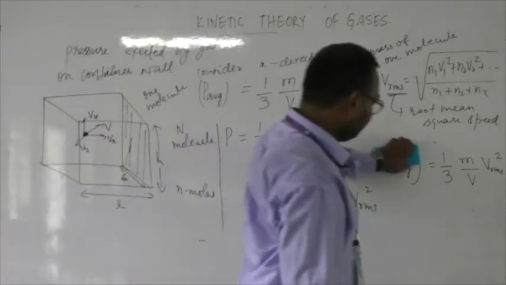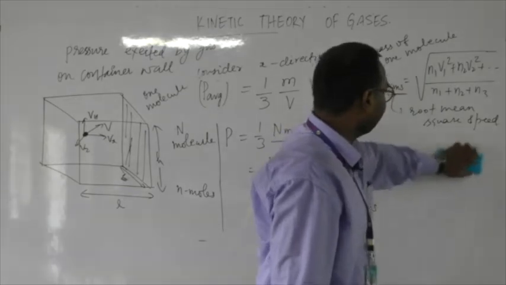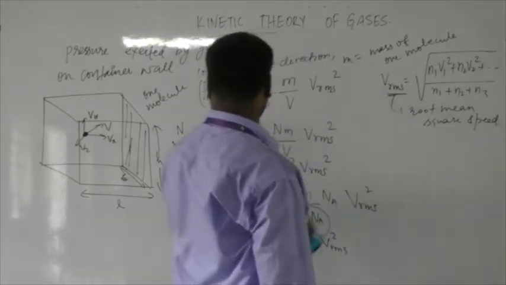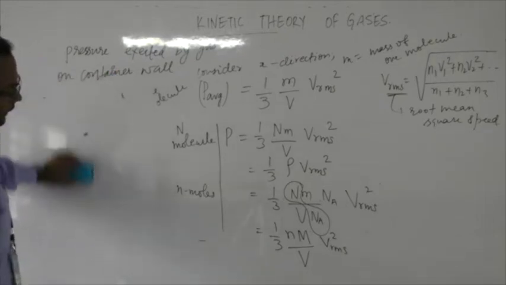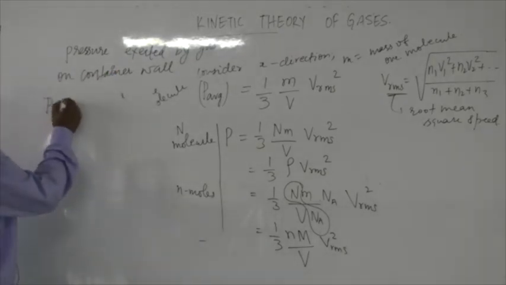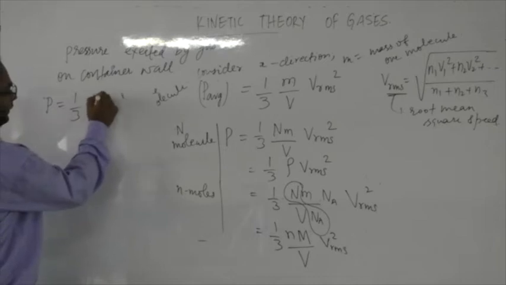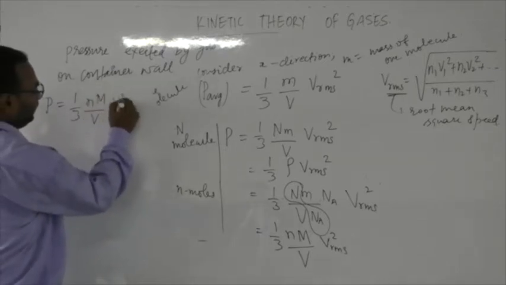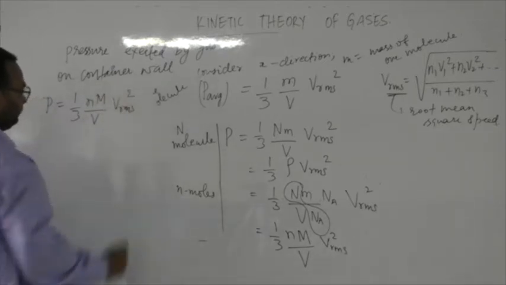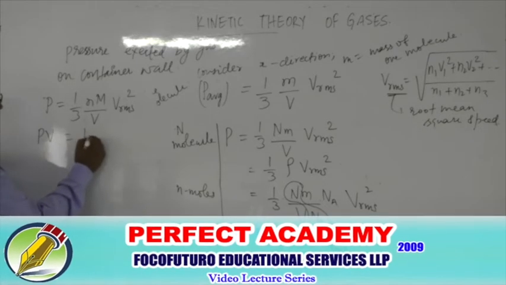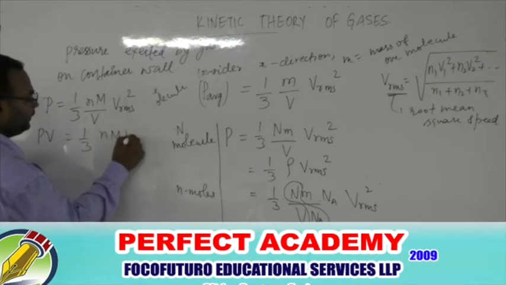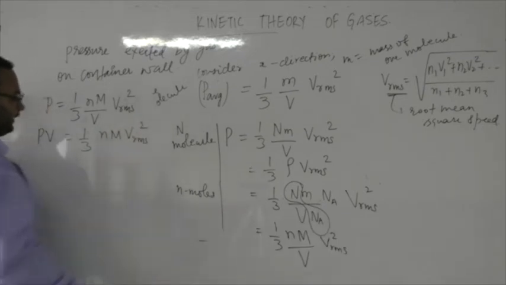So what will we get from there? You got P as 1 by 3 n m upon V Vrms square. Now if you write PV, this will be 1 by 3 n m Vrms square.